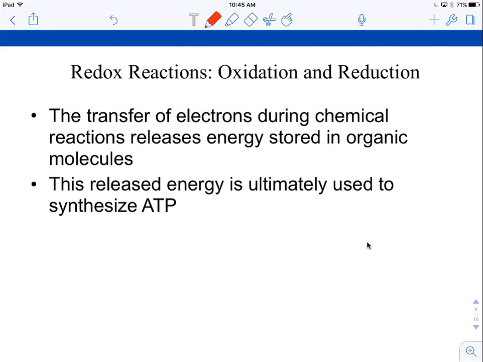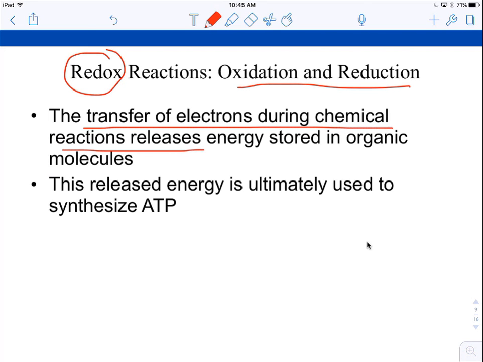All right, so this reaction is what we call a redox reaction. And I think that when I talked to you guys in class, most of you did not study oxidation and reduction in chemistry. So let's go over it now. So oxidation and reduction follows the transfer of electrons during chemical reactions.